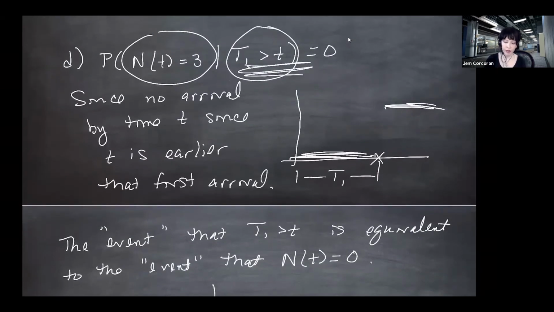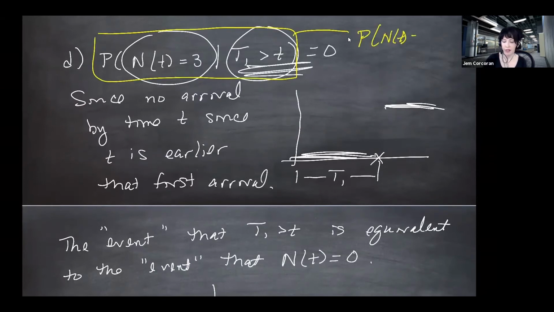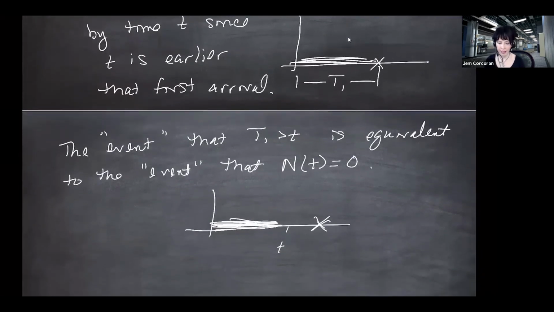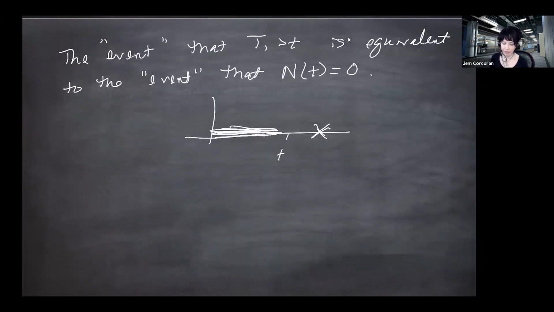So it wouldn't have been wrong to start this guy up here and rewrite it as the probability that N of t is 3 given N of t is 0. That actually makes it much more clear that this probability is 0. And then we're going to prove that this is actually a Markov process.